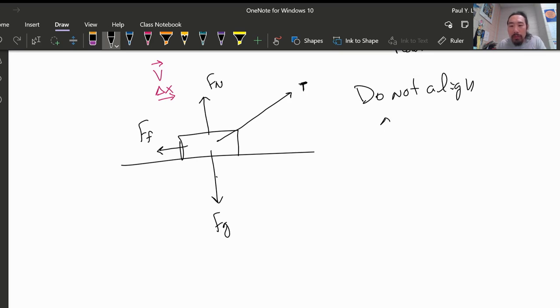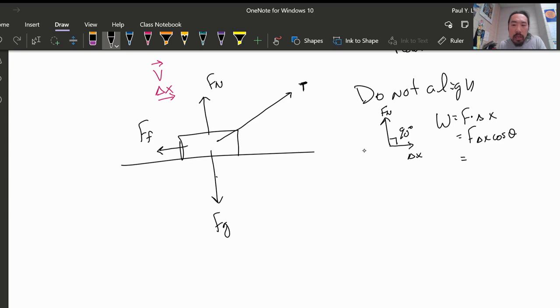So we have F_N going up, but our displacement is to the right. If I were to ask you what the angle in between the two is, you would tell me, well, it's 90 degrees, Mr. Lee. And that's very good. If we take a look at the formula, work is equal to F dot delta x, or we could rewrite this as F delta x cosine of theta.